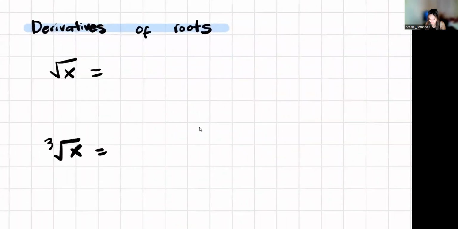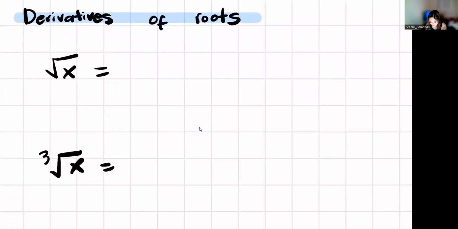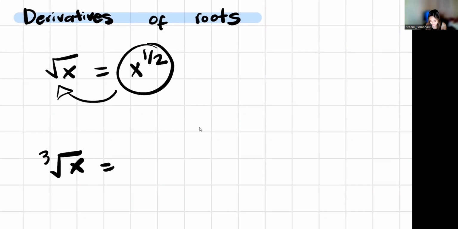So how in the heck are you supposed to write the derivative of square root of x? Well, you can rewrite this as such: x to the power of 1/2. The square root of x is equal to x to the power of 1/2. These are both the same. Now, what have we been doing? We've been subtracting exponents by 1, and then multiplying the exponents as the coefficients.